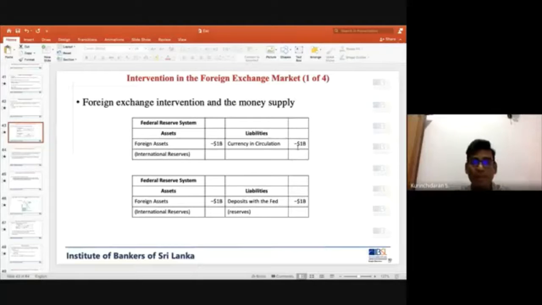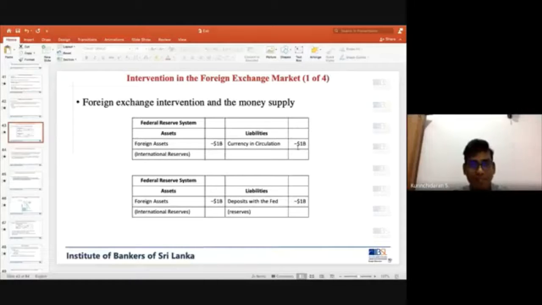Okay, now let's assume the central bank, any central bank, sells foreign assets, right? So let's assume 1 billion in foreign assets they are going to sell.